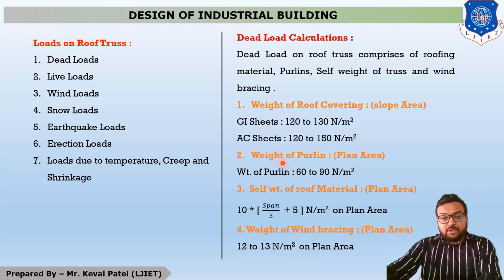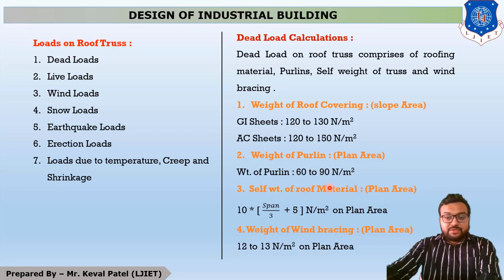Second is weight of purlin. The other three loads are calculated as per half plan area, and only this load is calculated as per half slope area. If the weight of purlin is not given, then you have to assume it in the range of 60 to 90 Newton per meter square. Third one is weight of truss.